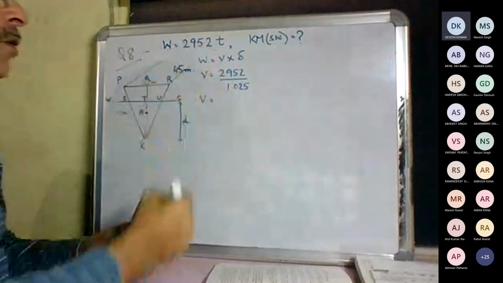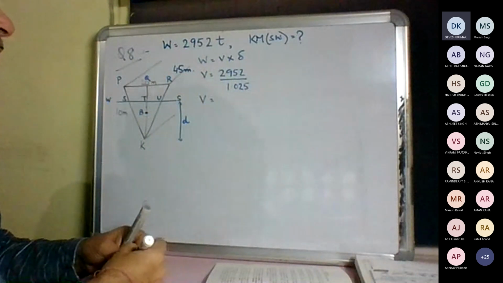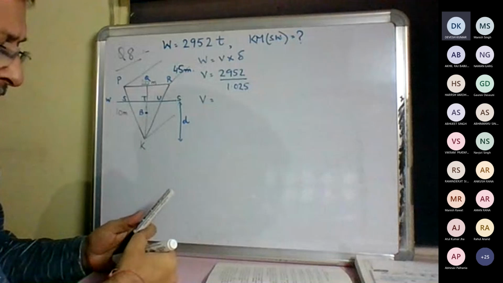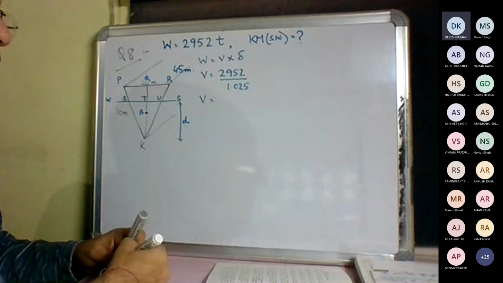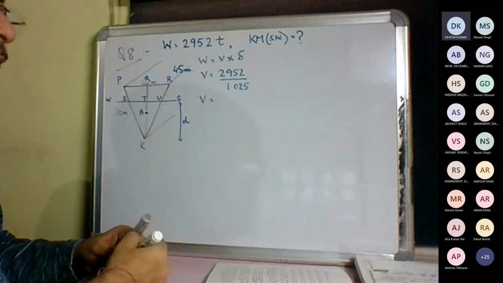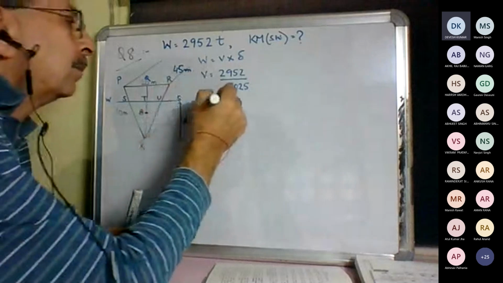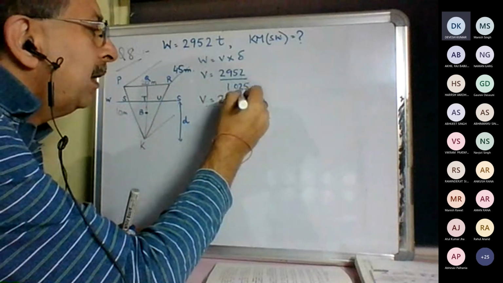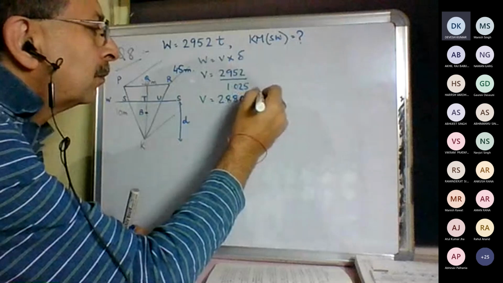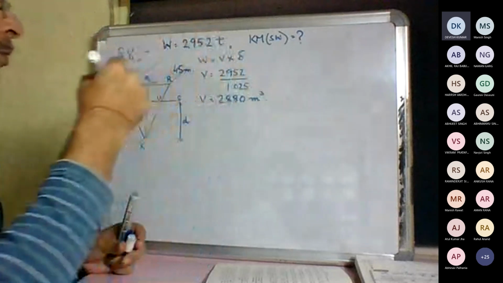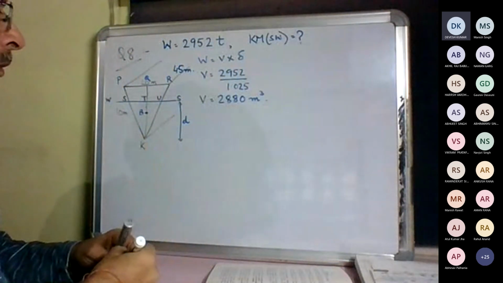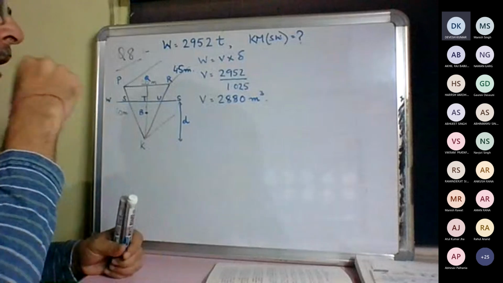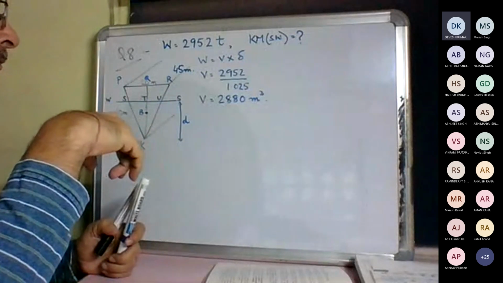How much is the underwater volume? 2880 cubic meters is the underwater volume.